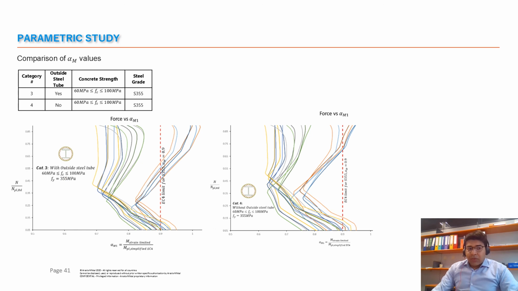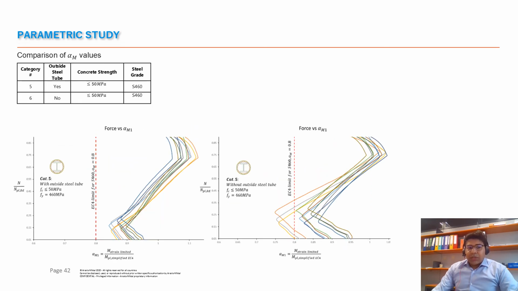When it was checked with and without the steel tube outside, but using high strength concrete, none of the curves respected the alpha M values, which is fine because Eurocode 4 is limited until C50 as of this moment.